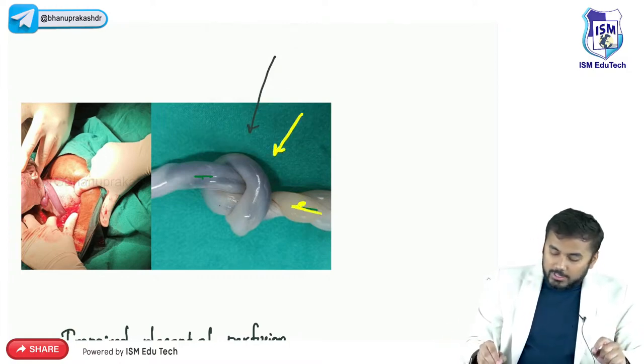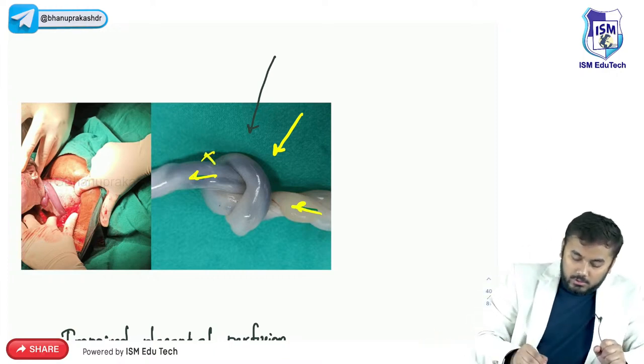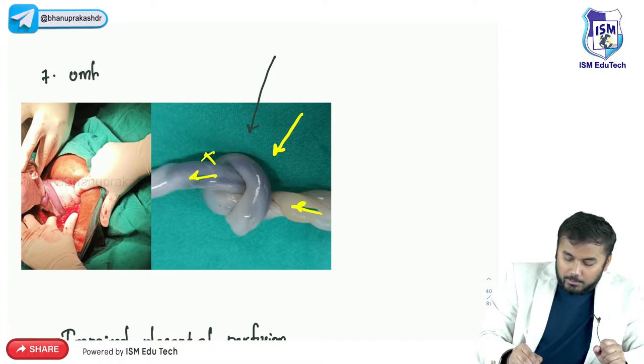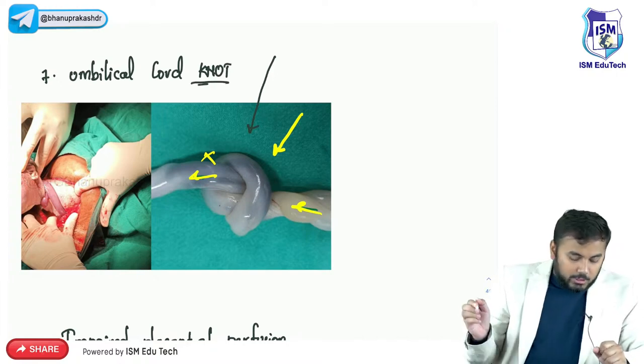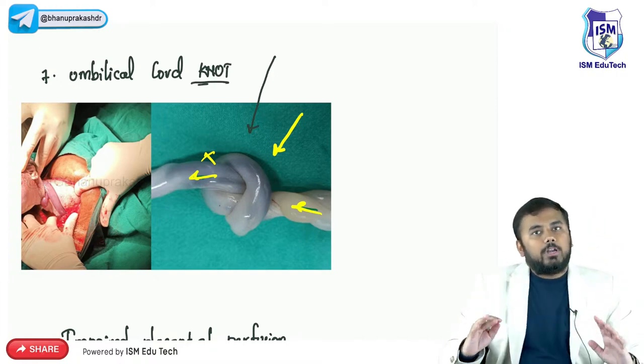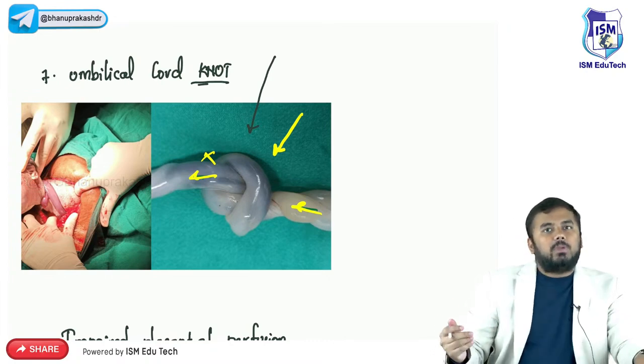Because of this also, there is no sufficient amount of blood supplied, right? So the 7th important point is umbilical cord knot. These are all the important reasons you need to know for hypoxic ischemic encephalopathy.